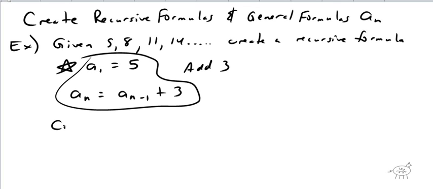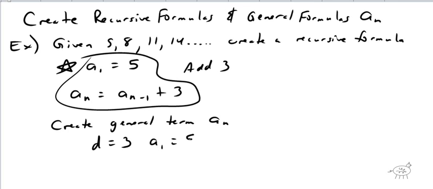Now let's create a general term, a sub n. A little bit different. General term. So basically, you know your value of d is equal to 3, right? Everybody agree with that? And my a sub 1 is 5.